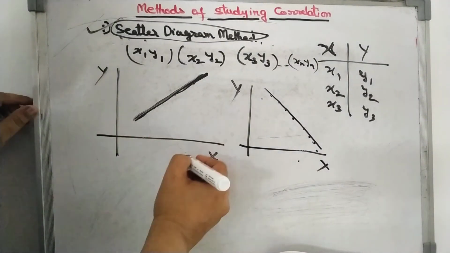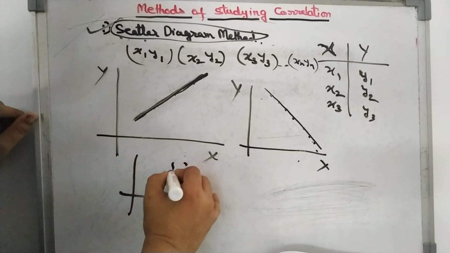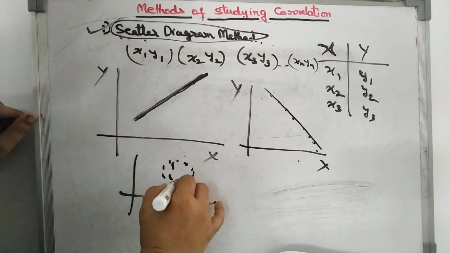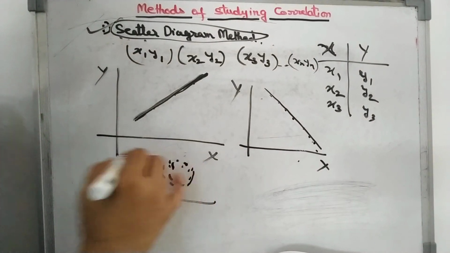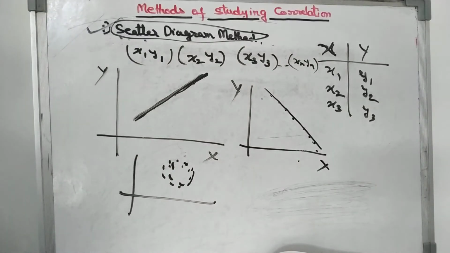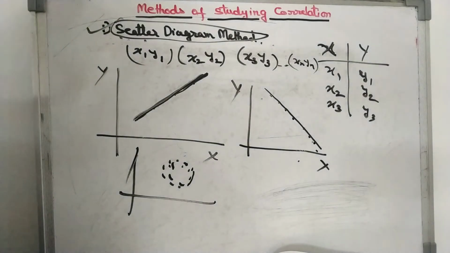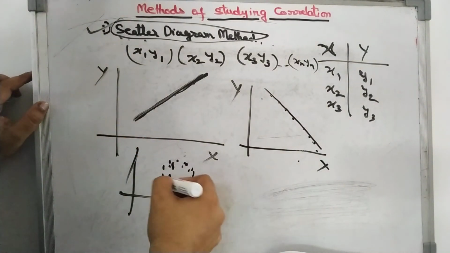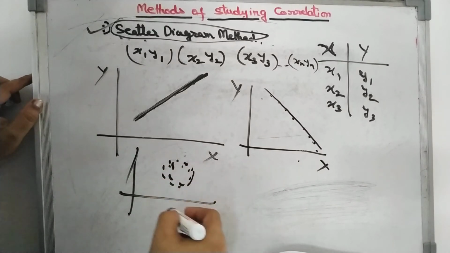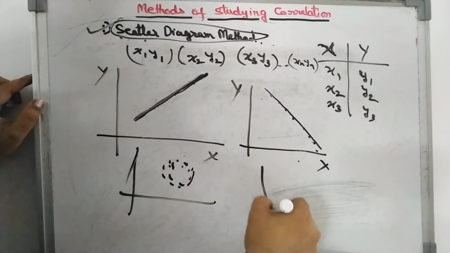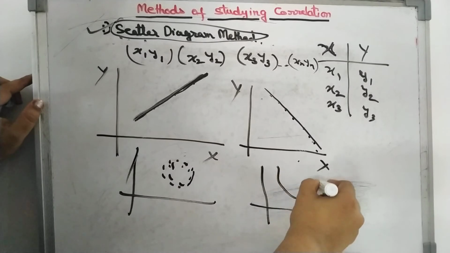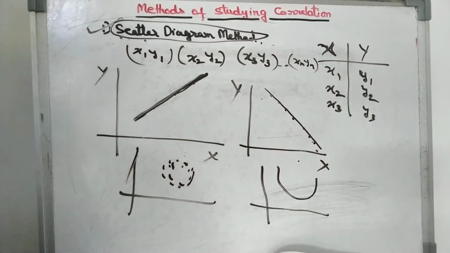Then if we get a scatter like this, showing no relationship, it is called zero correlation or no correlation. Or if sometimes we get a shape like this, it is called curvilinear correlation.